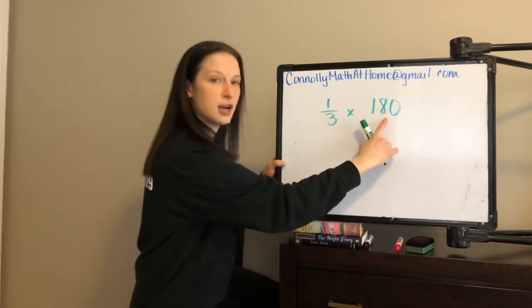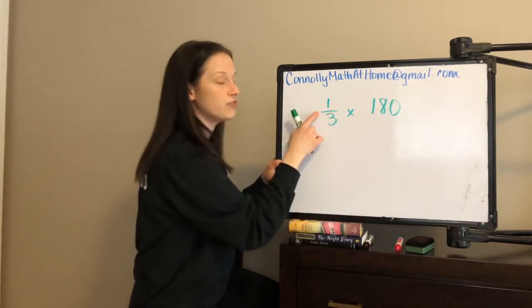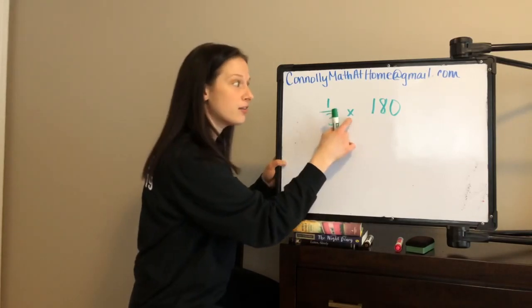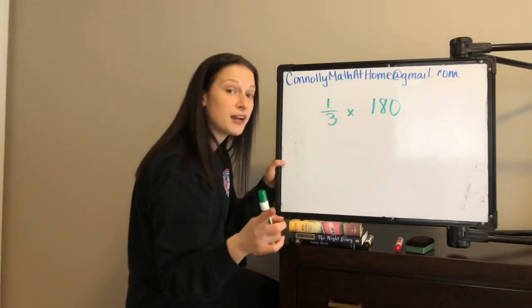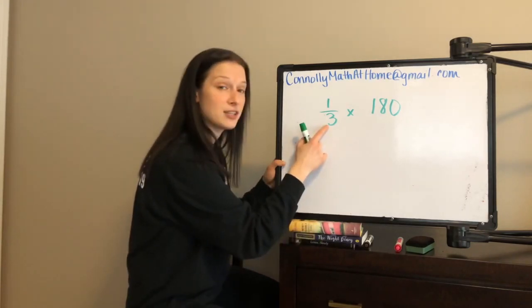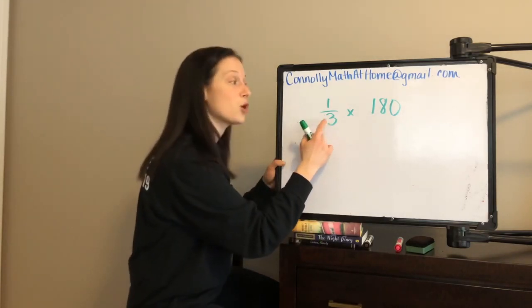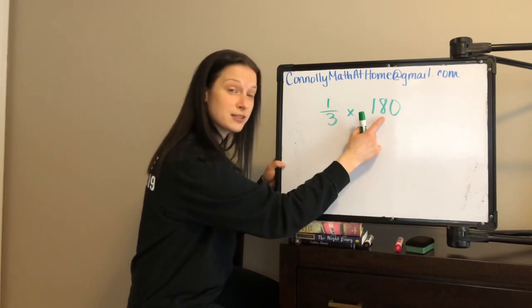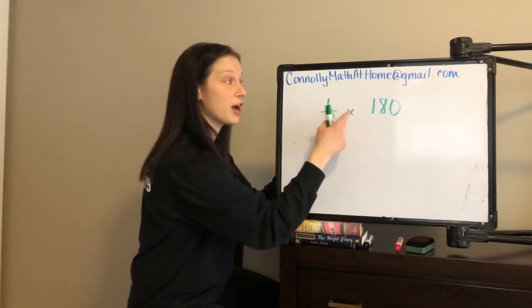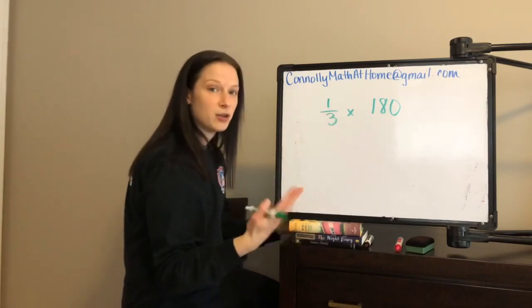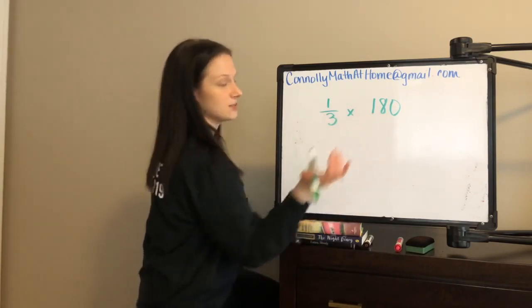So your bike race is 180 miles long, you've biked 1/3 of that distance so far. And I want you to double check your product. You're multiplying by a fraction less than a whole. So, did you go the whole entire bike race? No. Since you only did 1/3 of it, you should be thinking about your product being less than this factor.